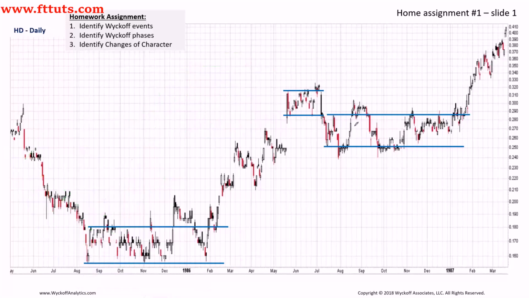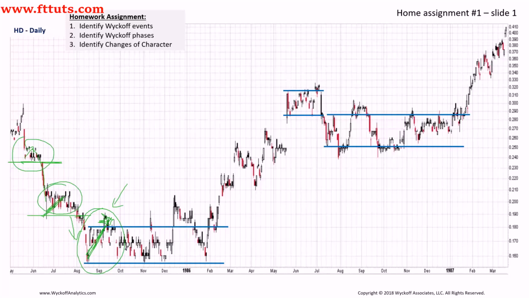The change of character is going to be all about something different happening here in comparison to this or this. Every time we either have a very weak rally and then a break to the downside, weak rally and then a break to the downside. Here we have a much better rally.